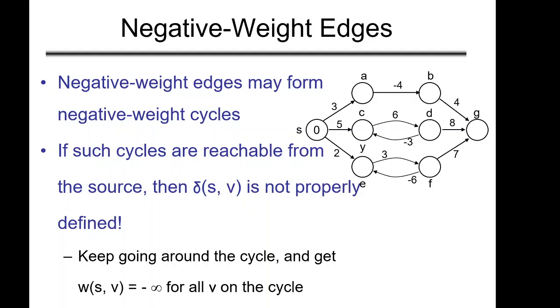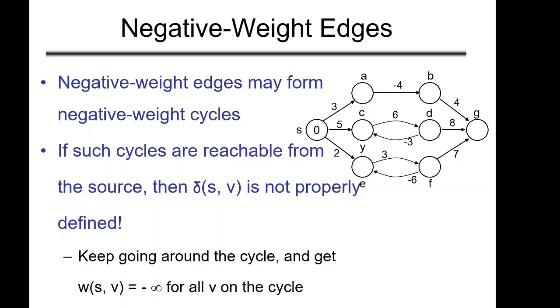If there is a negative weight, the problem is that it can also create a negative weight cycle. If there is a negative cycle in between two vertices, finding the shortest path between them is not well defined. Why?